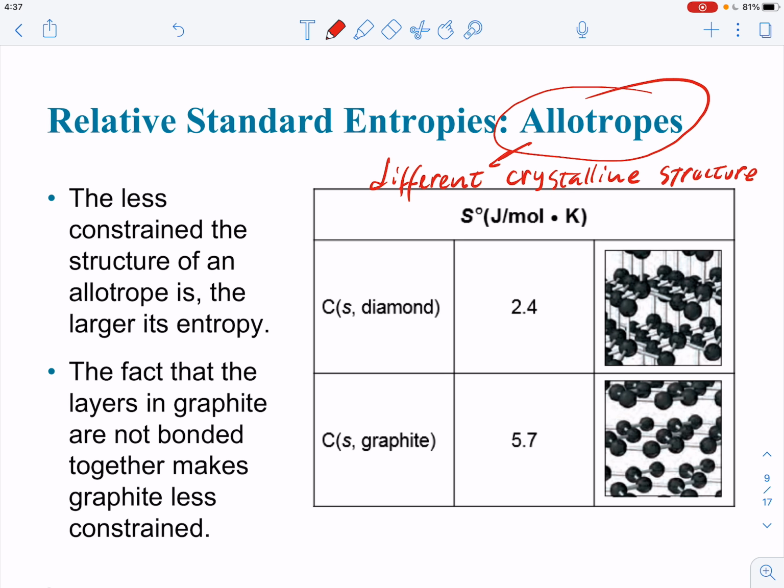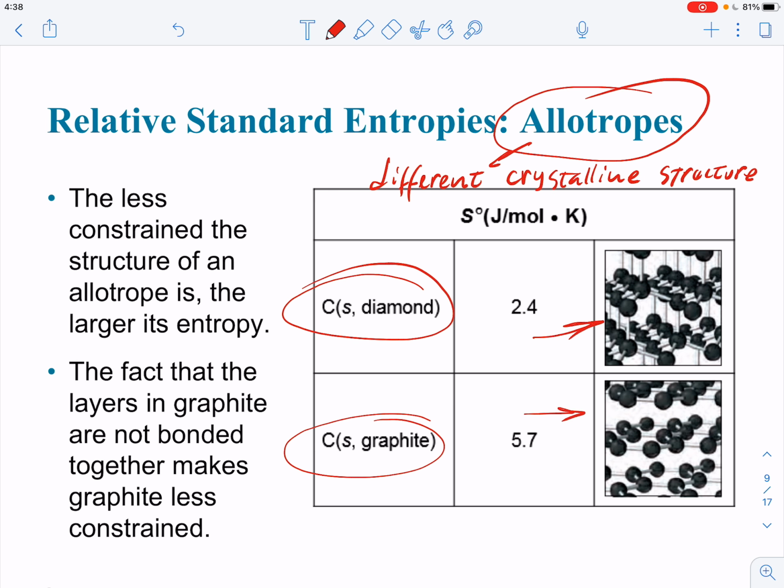So for example, the 2 examples that we have here are diamond and graphite, okay? So diamond is a very rigid crystalline structure. I mean, you can see that as a 3D network of atoms interconnected with each other. Okay, so there is very little room to do anything in that crystalline structure. That's for diamond, okay?